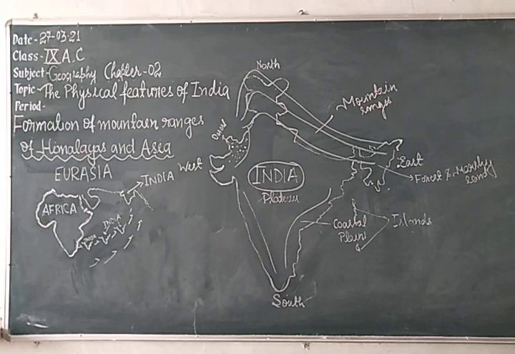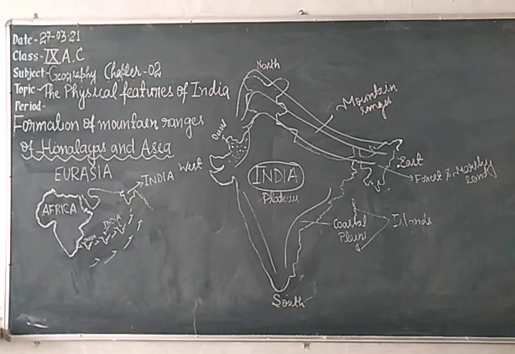And students, the northern plains of India, north part of India, northeastern part of India and northwestern part of India are totally newly formed. That's why it is an unstable zone. Okay, that's why it is an unstable zone.